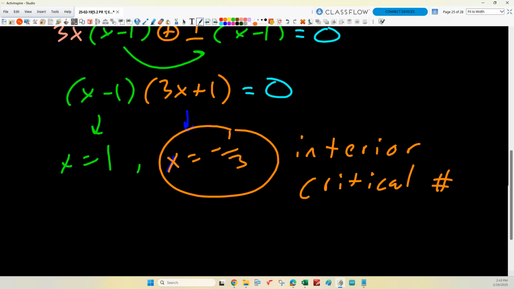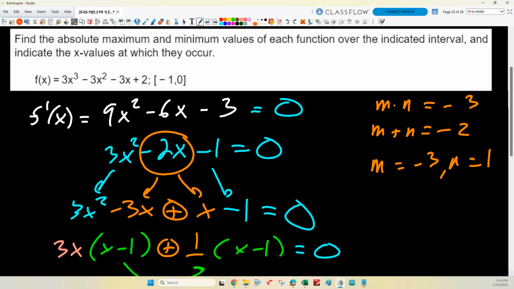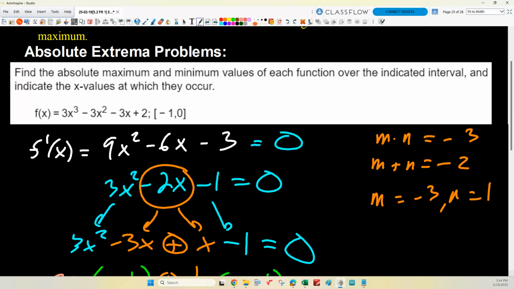So what are the only places where absolute extrema could occur on our function then? You guys told me earlier that they could occur at critical numbers or endpoints, right? -1/3, 0, or -1. Yeah, those are the only places we'd need to check.